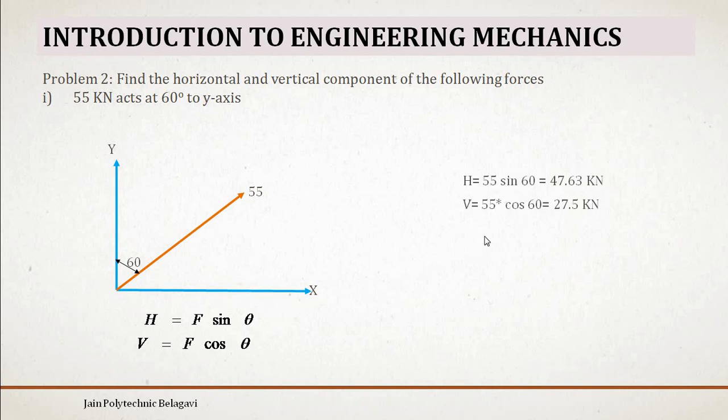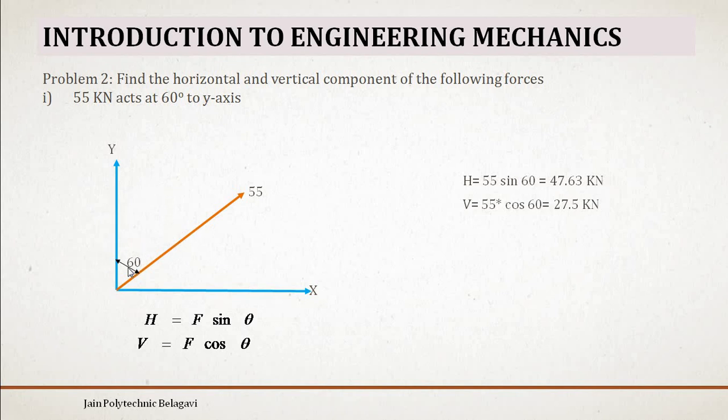Coming back to the solution, put the F value in the horizontal component: 55 kilonewton, sin 60 degrees, since theta is 60 degrees. You will get 47.63 kilonewton. And the vertical component, in this particular triangle, is the adjacent side, and this is the hypotenuse, correct?